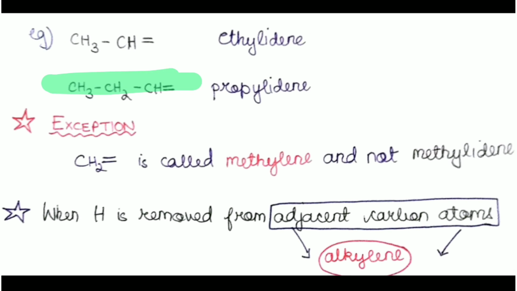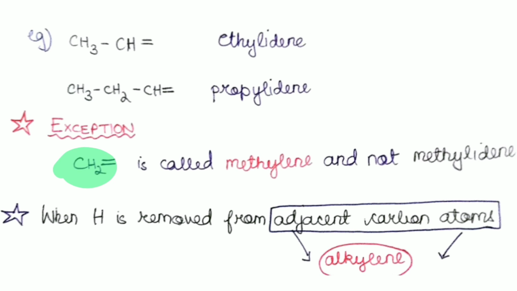But there is one exception to this rule, guys: when you have 1 carbon atom which is attached to the principal carbon chain's carbon atom via a double bond, you don't call it methylidene, you call it methylene.